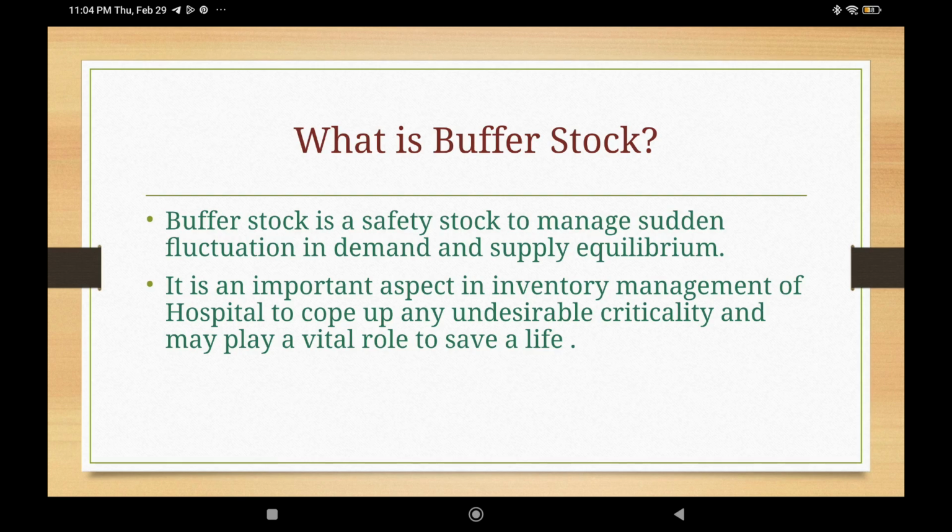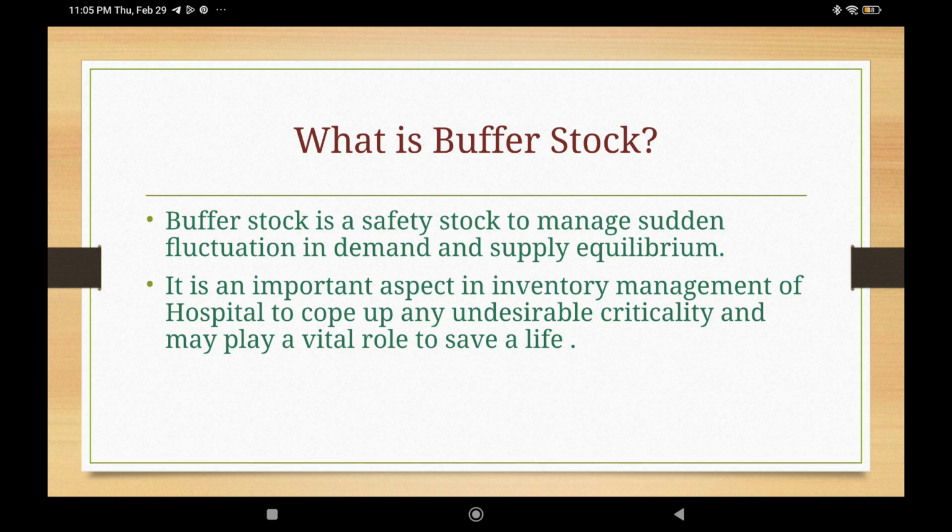Undesirable criticality means, let me explain with an example. In inventory management, suppose there is a particular drug, ketamine, which is very essential for operations in anesthesia, and suddenly the ketamine stock is nil. The operation may be delayed due to the problem in anesthesia.